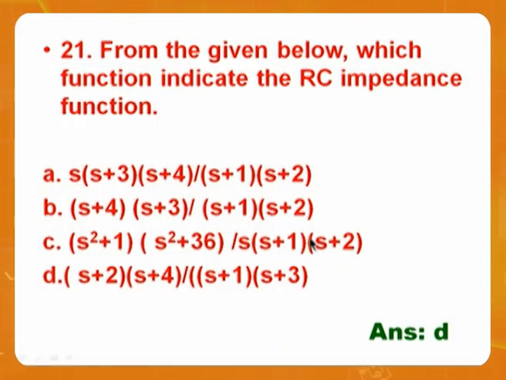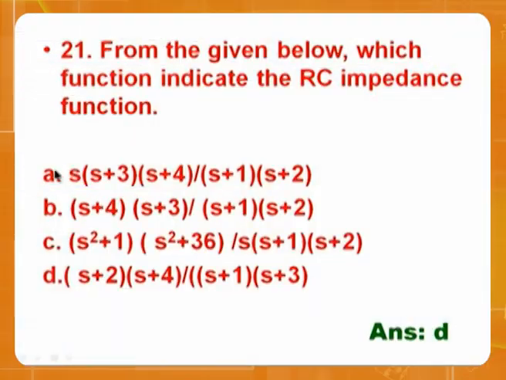So C gives an LC function, not RC. Then here S plus 1, this is also okay. This is also okay, but A is wrong because the nearest to the origin is zero. So A is wrong because nearest to the origin is zero. C is wrong because it is talking about j omega terms, which give LC. So A and C are wrong.